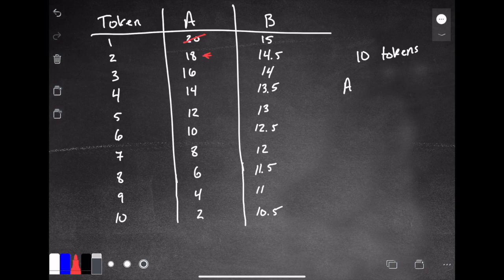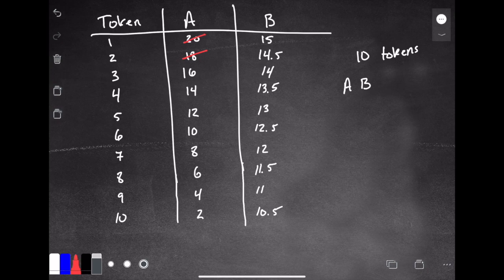Alternatively, we could put the token in machine B, and that would be our first token in machine B, which would give us a payoff of 15. But 18 is bigger than 15, and so we should put our second token in A. Okay, so let's mark that that's what we did.